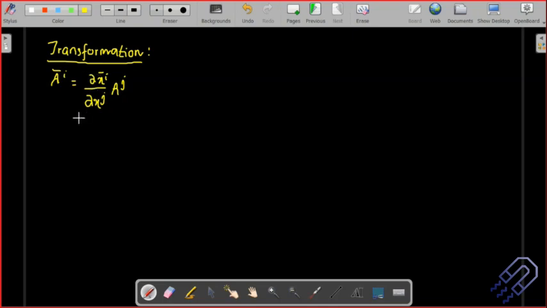Okay, so for transformation what we do is we are going to multiply with, let's say I have got one more component, k divided by del xi bar. So I multiplied with this, and I'm going to multiply the same on the other side. Why? Because you cannot go from one set of coordinates to another just by cross multiplying.